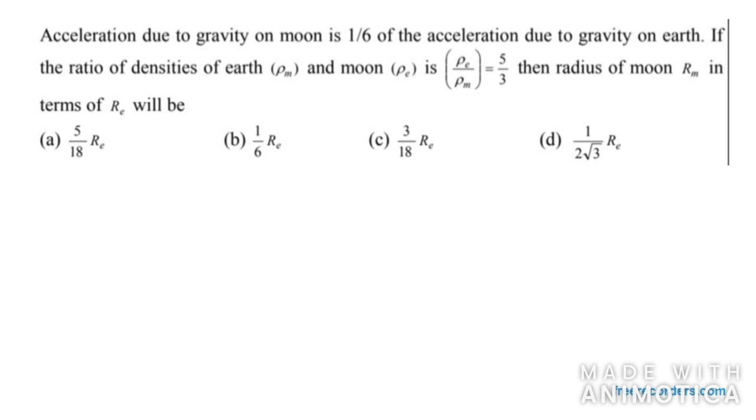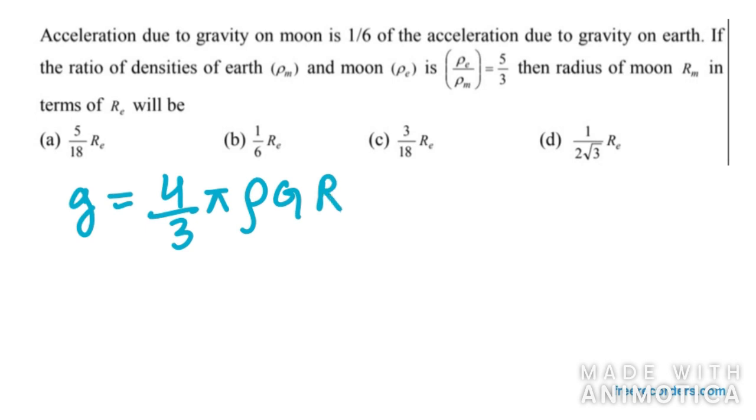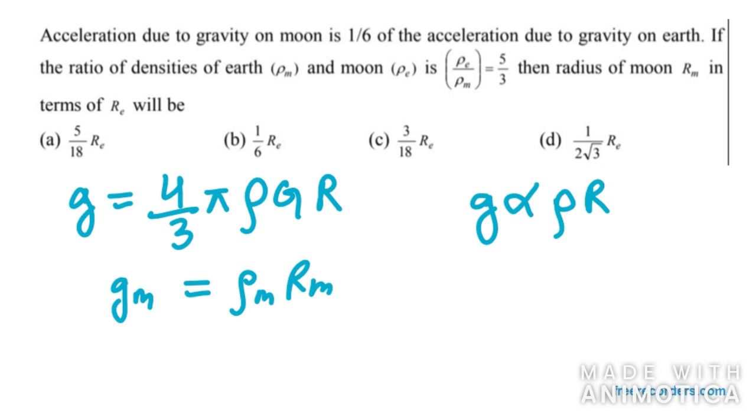So let's find this. First of all, you should know what is acceleration due to gravity in terms of density. So it is g equal to 4 by 3 pi rho G r. Now as you can see, g is directly proportional to rho r. So you can write g proportional to rho r, or Gm equal to rho m Rm, and Ge can be written as rho e Re.